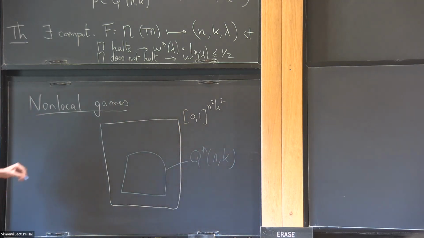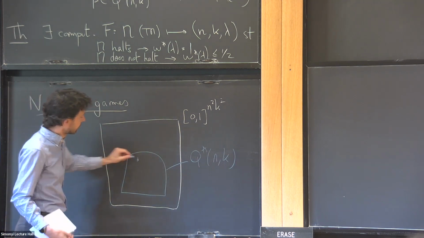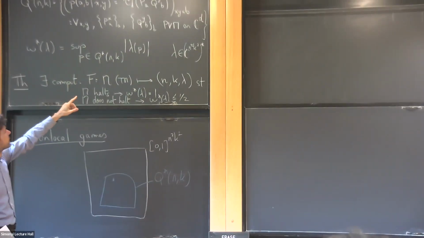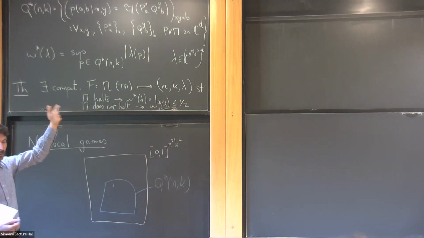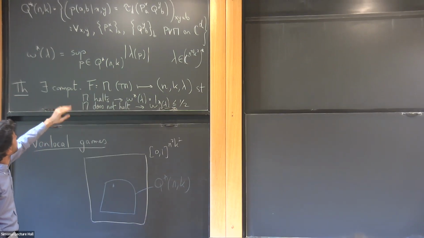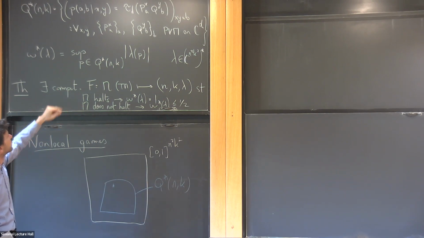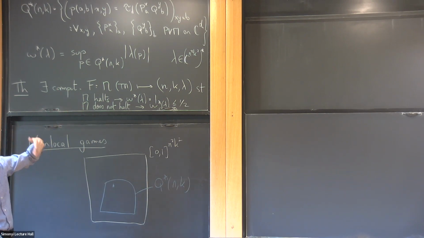Every point in this set is a tuple of probabilities, such that each of these probabilities can be expressed as follows. There's an integer d, which ranges freely over the integers. I didn't quantify it, but it's for any d. Tau d, remember, is the normalized matrix trace in d dimensions.